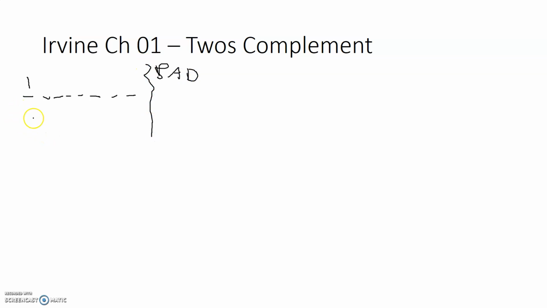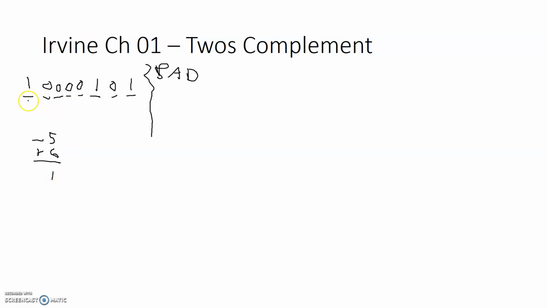The leftmost bit would be the sign, and so let's say we're trying to represent a -5. Well, a -5 would be, in a sense, 5 with a 1 in the sign position. The issue is, in regular math, -5 plus 6 is 1.